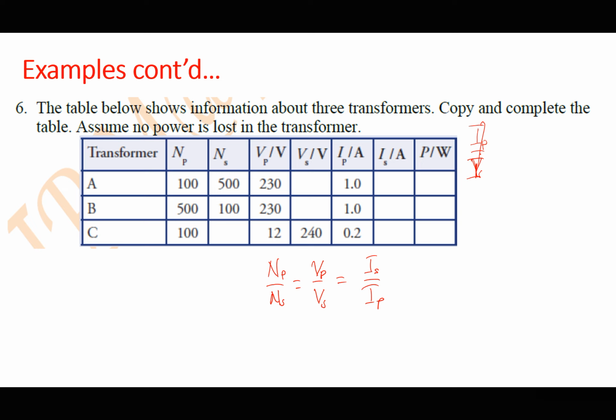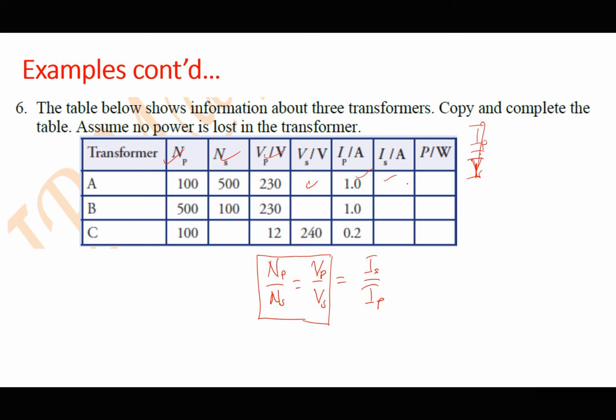The currents are inversely proportional to the PDs in this case for an ideal transformer. So for example, if I have number of turns in the primary, number of turns in the secondary, voltage in the primary, and I want voltage in the secondary, I substitute to get this. Then the current in the primary is given.